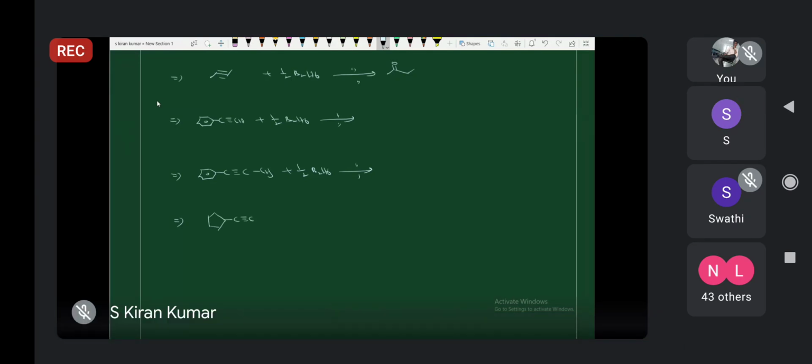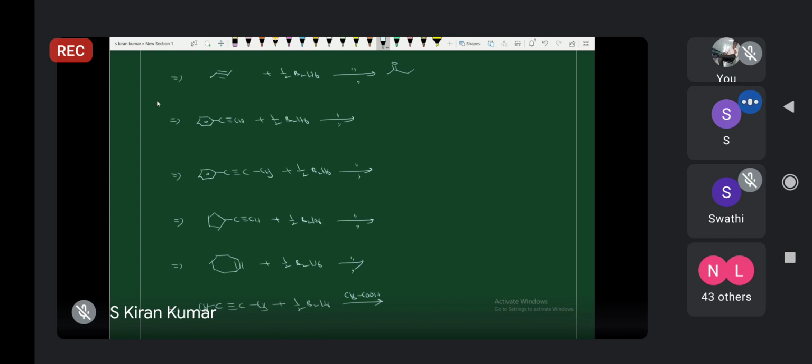Cyclopentyl acetylene, hydroboration with oxidation. Next. Cyclooctyne, hydroboration with oxidation. Next. 2-butyne with hydroboration with acids, acetic acid.